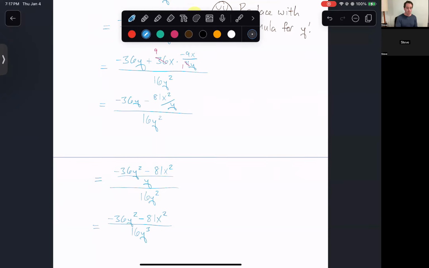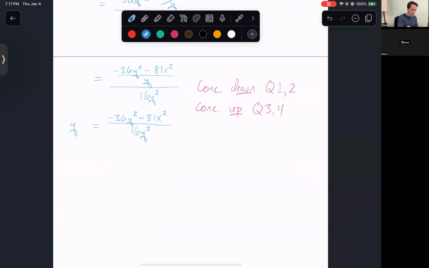So the assertion of the problem was that this was concave down in quadrants 1 and 2 and concave up in quadrants 3 and 4. I want you to look at the top of this fraction. This is the second derivative, by the way.